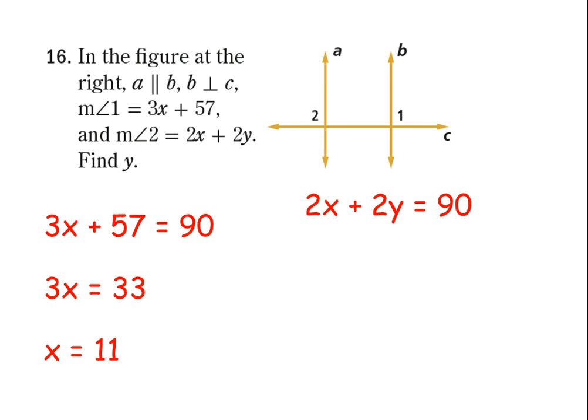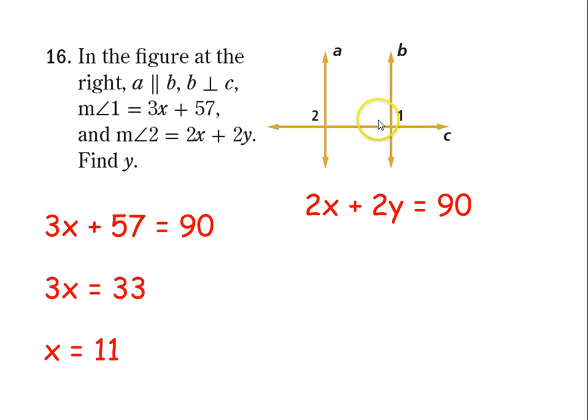The reason that angle 2 is 90 degrees is because these two lines, A and B, are parallel, so all of their corresponding angles must be equal. We know that angle 1 is 90 degrees because we are told that.